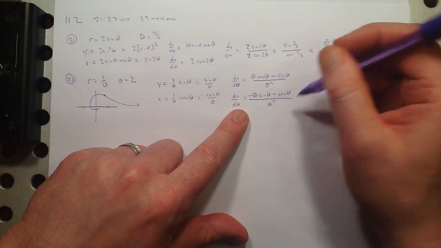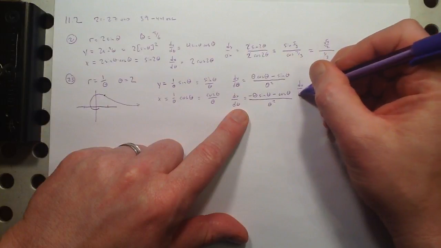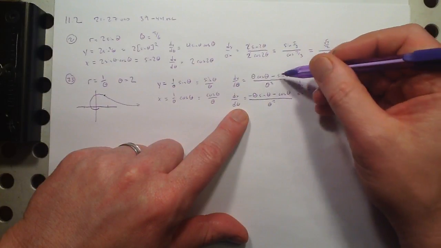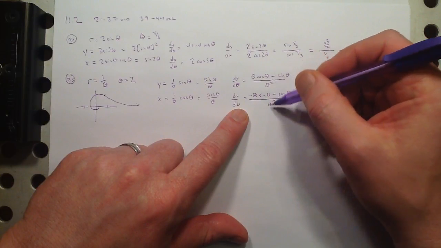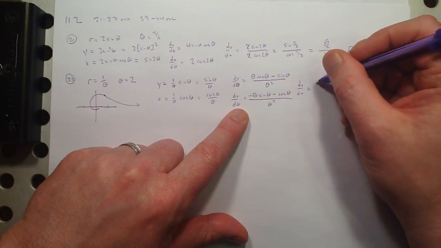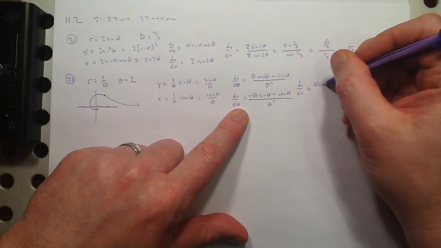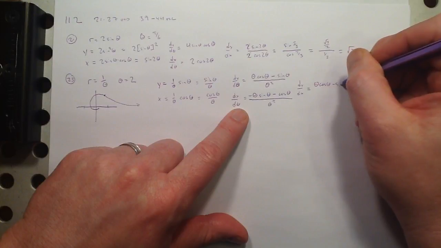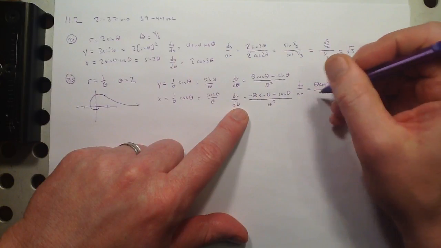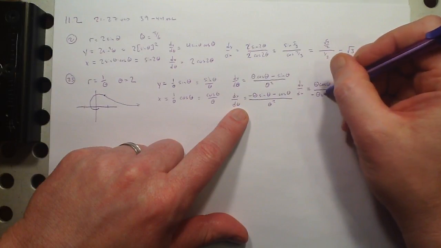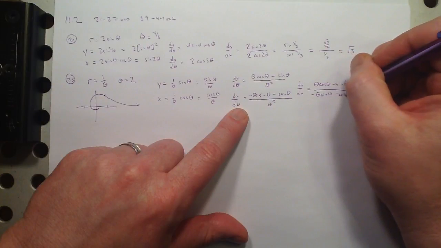So when I put these over each other, dy dx is equal to this over this. Notice the theta squareds will cancel out. Theta cosine theta minus sine theta over negative theta sine theta minus cosine theta.